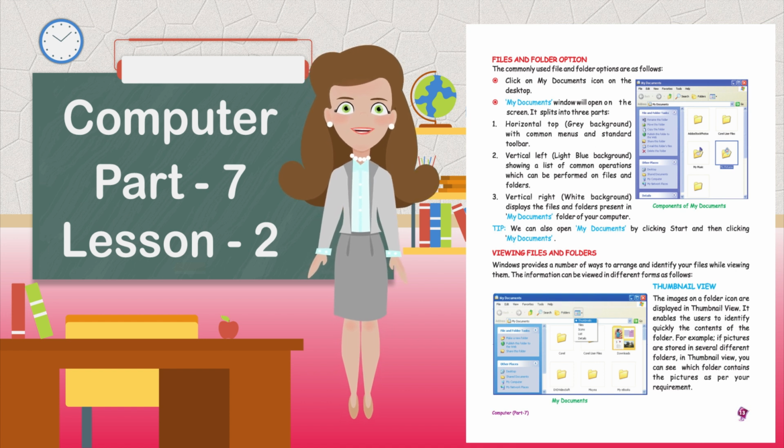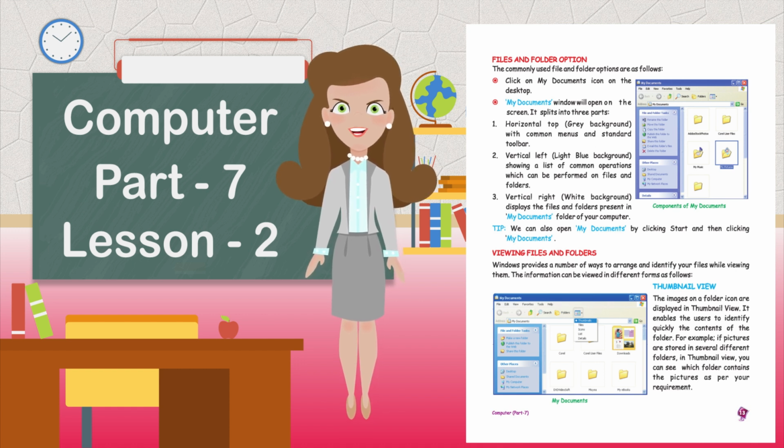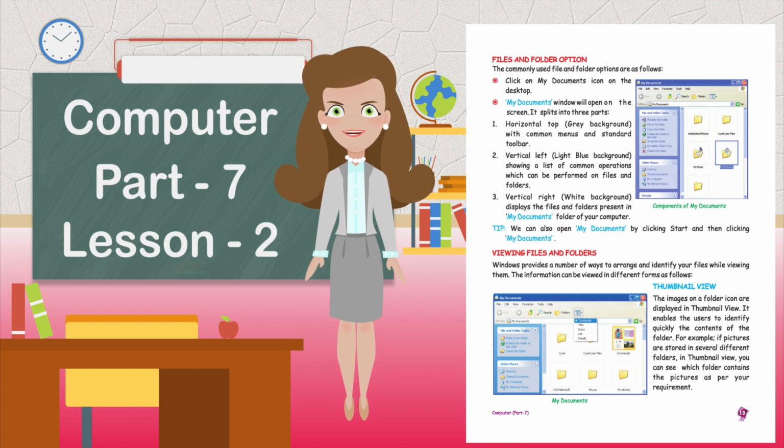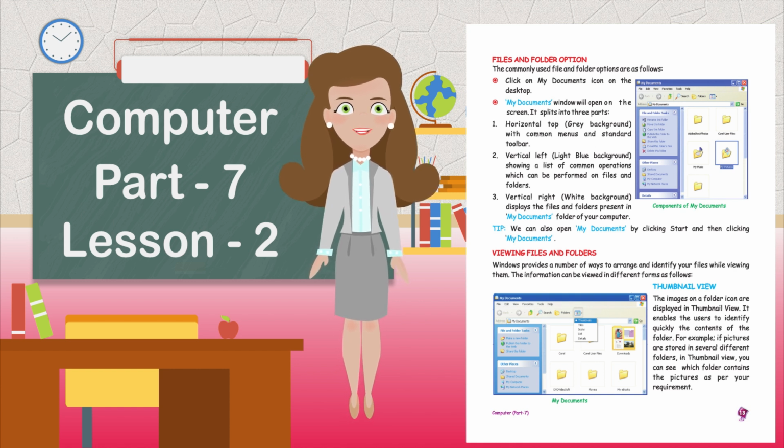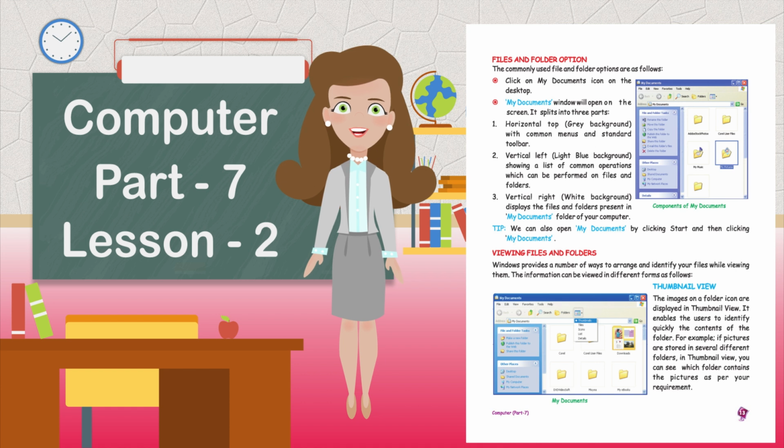Number 1. Horizontal tab, gray background with common menus and standard toolbar. Number 2. Vertical left, light blue background, showing a list of common operations which can be performed on files and folders. Number 3.